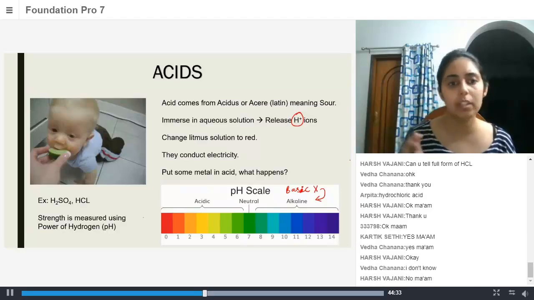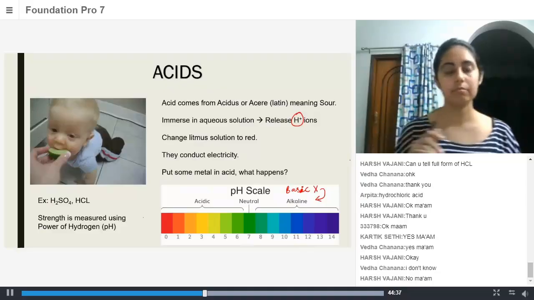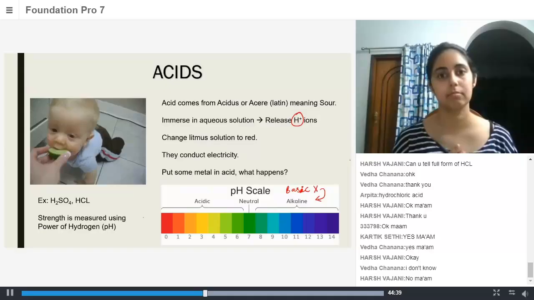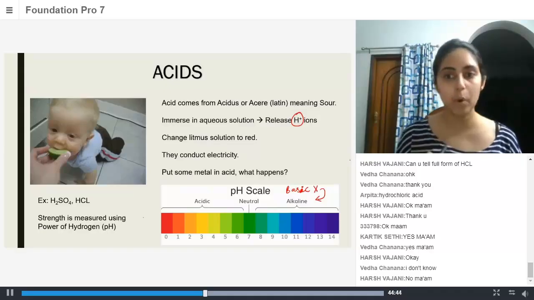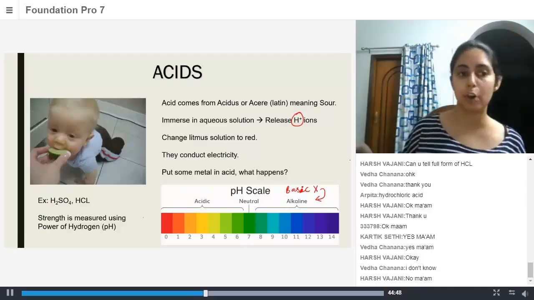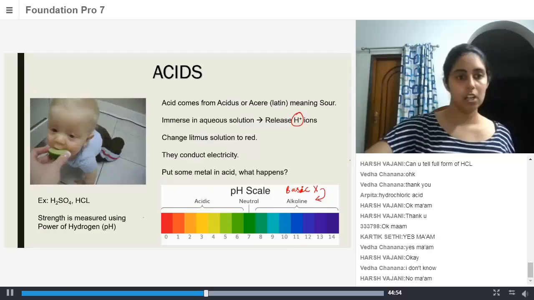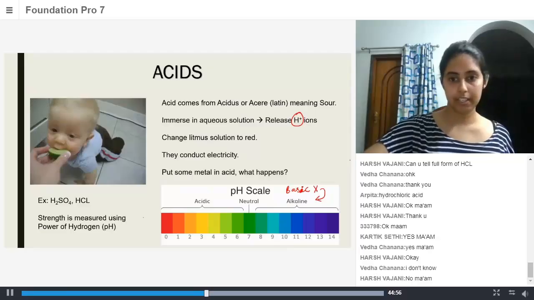Let's not bring that over here because it will simply complicate things. Ma'am, even our NCERT book doesn't have that valency part. It may not be there, but it is very important. We will talk about it not in this class, but in future classes. Okay. All right. So let us continue.